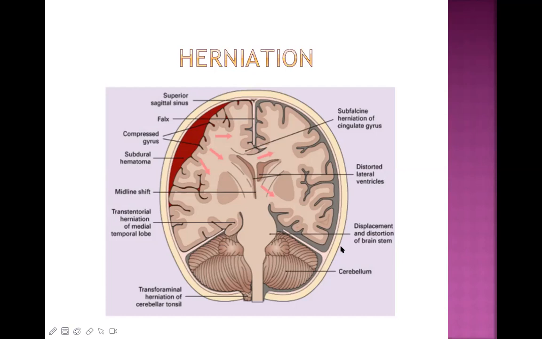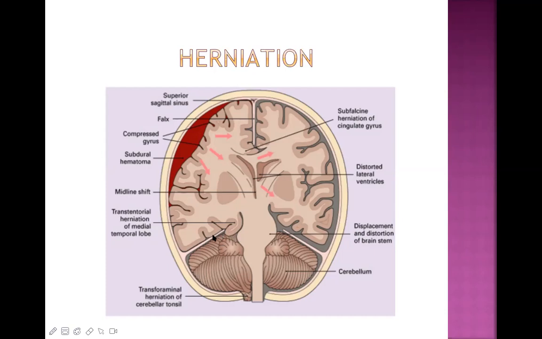So let me take those four names again. Okay, tonsillar herniation right here through the foramen magnum. Another very important one, transtentorial herniation of the medial temporal lobe, also known as uncal herniation. Okay, this is occurring through, see here, this is called the tentorial hiatus.